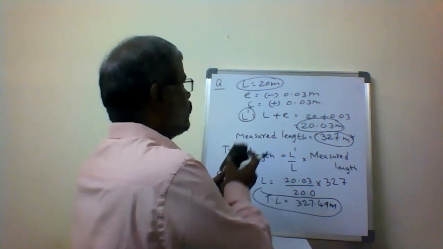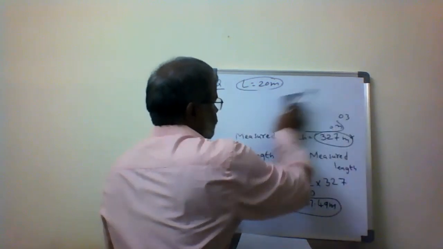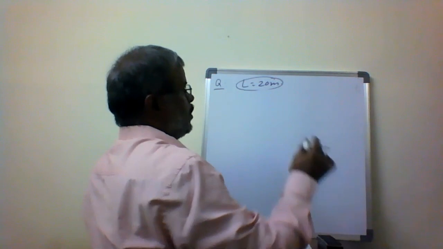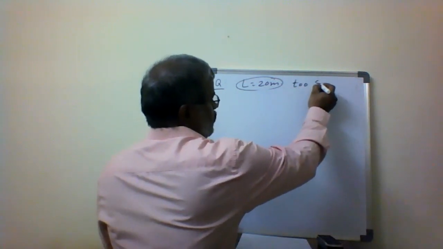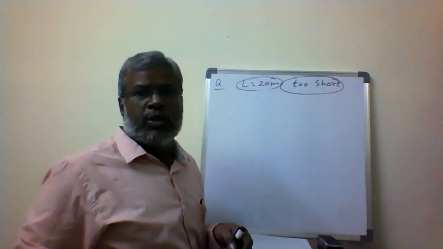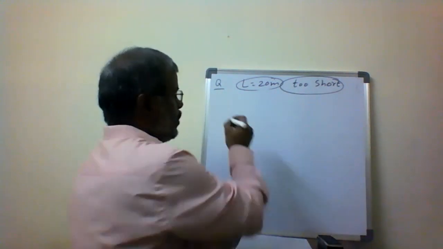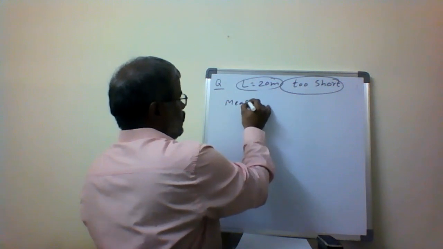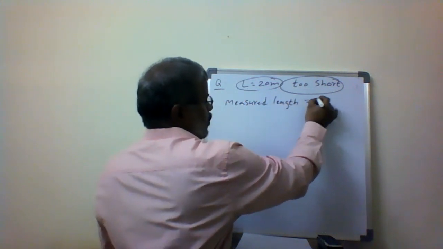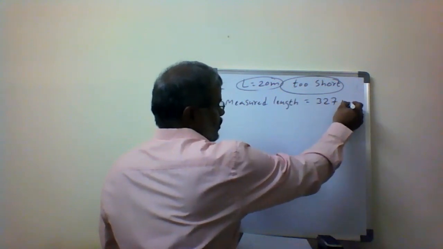Similarly, if we take the same problem, L equals 20 meters, but the chain is too short. The measured length equals 327 meters.